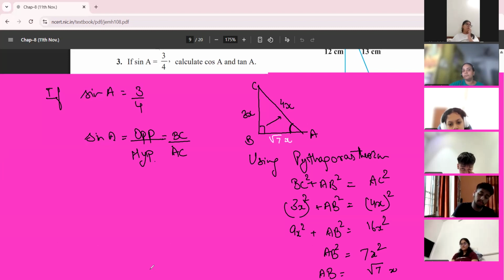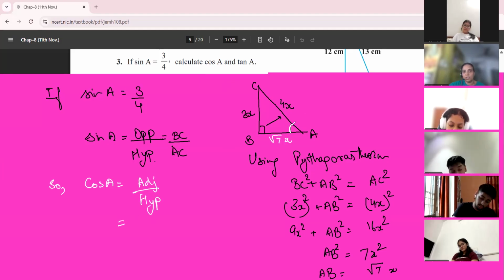ठीक है बच्चे? अभी चले आगे. Now they want you to calculate cos A. Cos A from this point of view is adjacent by hypotenuse. That means from here, root 7 by 4. X भी हैं दोनों के, but we can cancel both. So root 7 by 4.